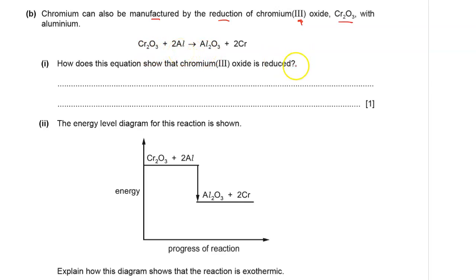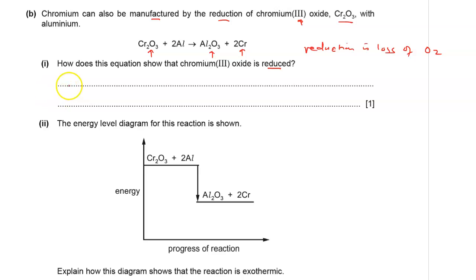So what is reduction? Reduction is loss of oxygen, just like oxidation is gain of oxygen. So you can see from this reaction, the oxygen in chromium 3 oxide has been snatched by aluminium, and it has been reduced to chromium, while aluminium has been oxidized to aluminium oxide.